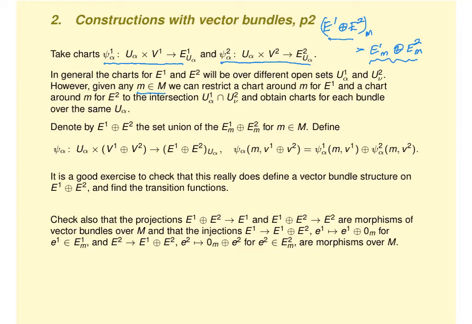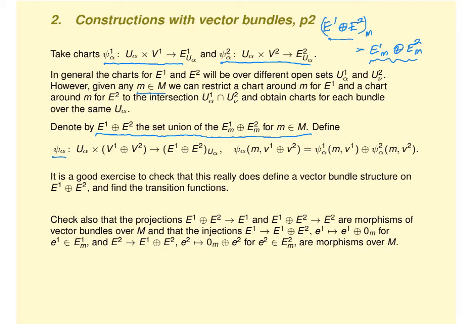And here we are. E1 direct sum E2 is the set union, the disjoint union of the various direct sums of the fiber spaces. And I define charts, psi alpha, for this system.